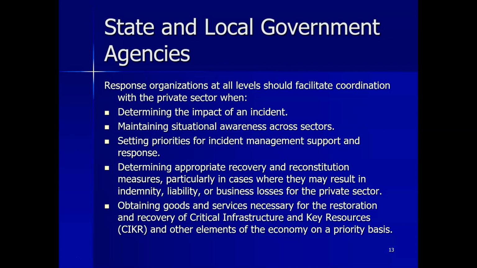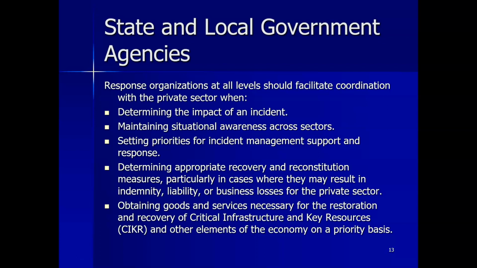Now, according to FEMA, the operational concept for incident management involving the private sector is the concept specified in the National Response Framework, the NRF, and the National Incident Management System, which is NIMS. Now, response organizations at all levels should facilitate coordination with the private sector when first determining the impact of an incident. Next, maintaining situational awareness or SA across sectors. Next, setting priorities for incident management support and response.